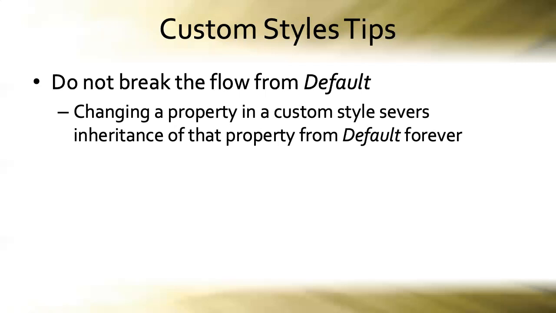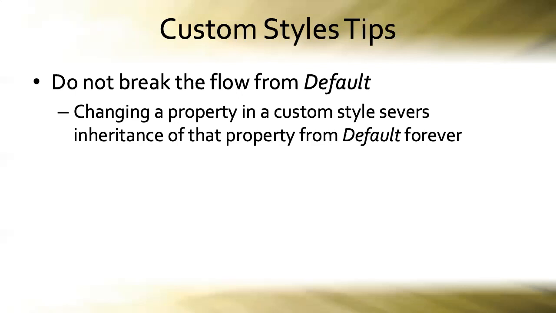Let me give a practical example. If I changed the font face in my text form field label style, then whatever font I had chosen there would supersede and be the font used for that type of object, even if I were to change the font in an object that was based on the default style, even if I were to redefine the default style.